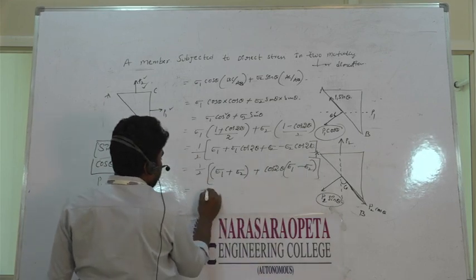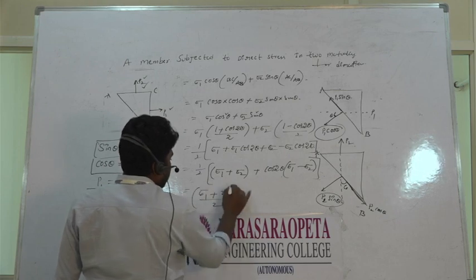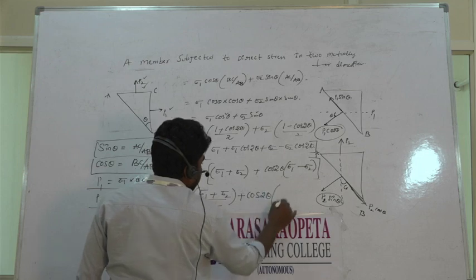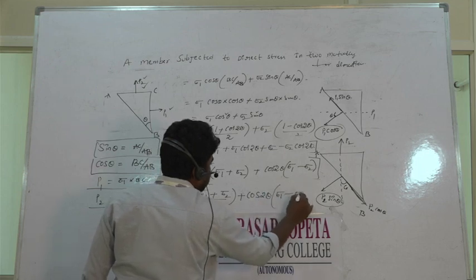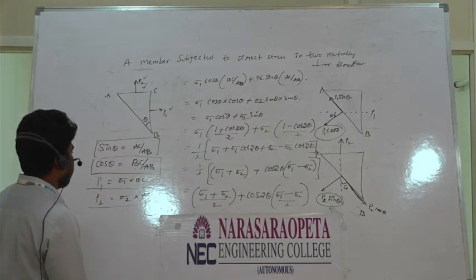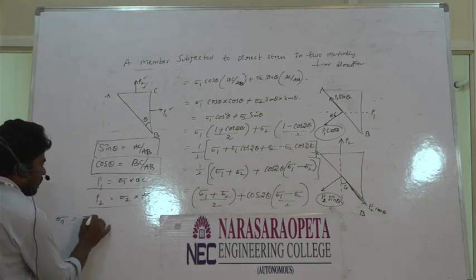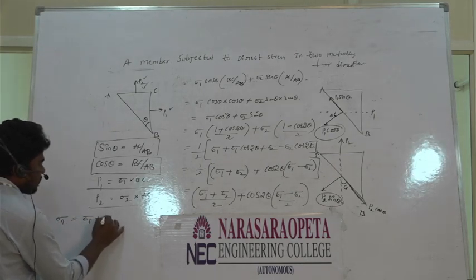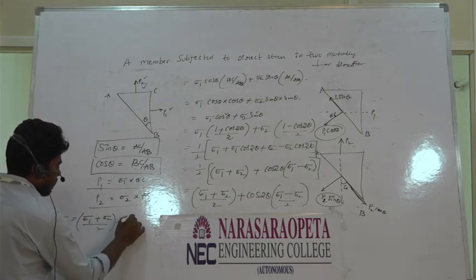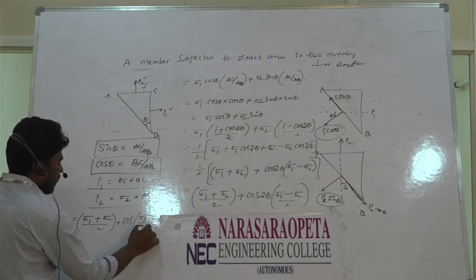So finally sigma 1 plus sigma 2 by 2 plus cos 2 theta into sigma 1 minus sigma 2 by 2. This is the normal stress on A.